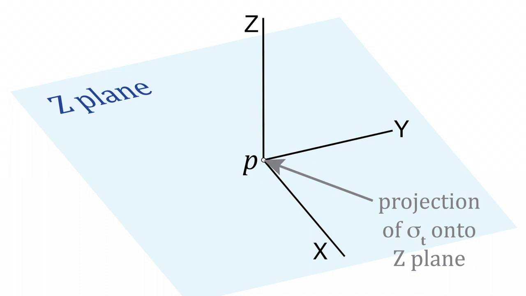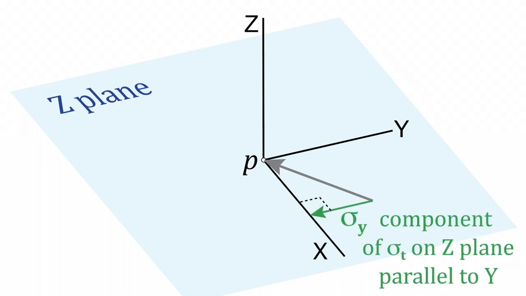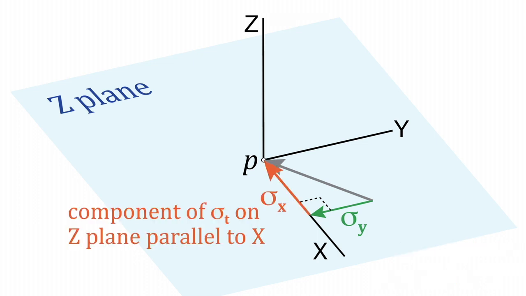Now, if we just focus for a moment on the shadow of that total stress vector as it was projected down onto the z-plane, we can use that to work out the component of the total stress vector that is parallel to the y-axis, and similarly the component of the total stress vector on the z-plane that's parallel to the x-axis.